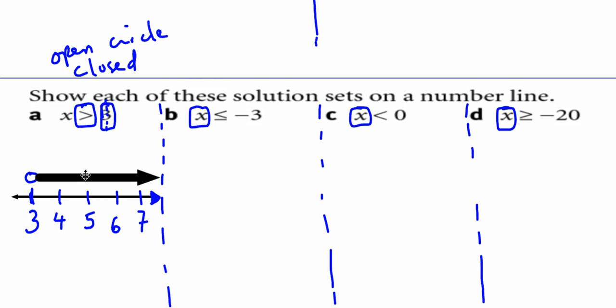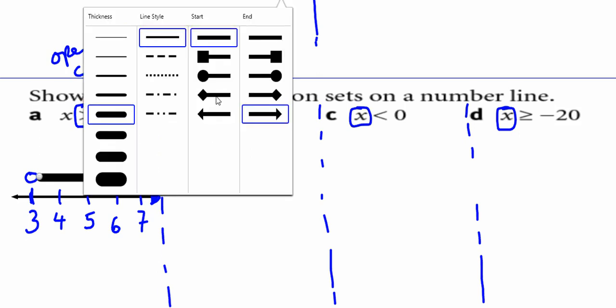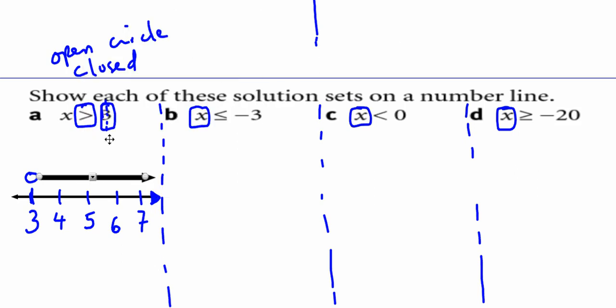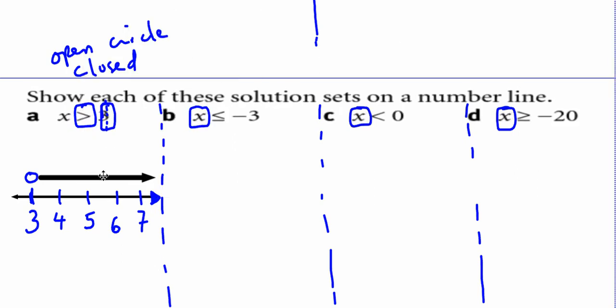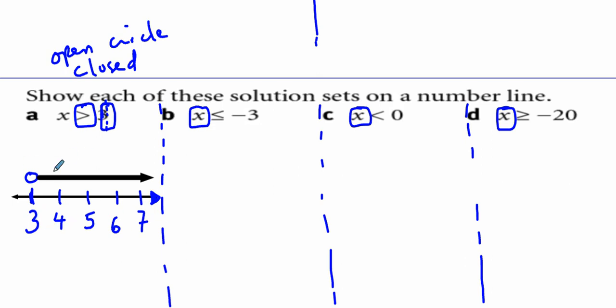So we start from the number itself and we continue to infinity. Okay. So we start from here. And why an open circle? Because it is greater than. So all numbers which are greater than 3 are 4, 5, 6, 7, and so on. So this is where we write x is greater than 3.